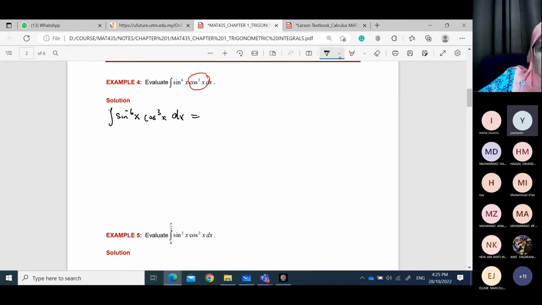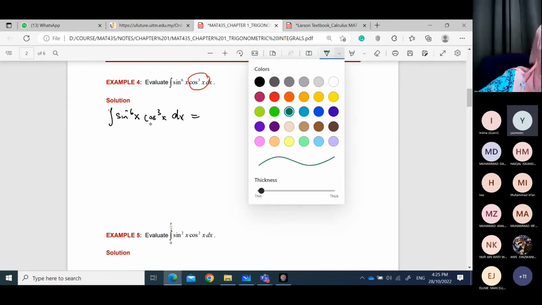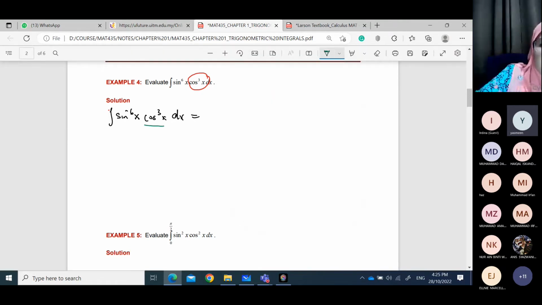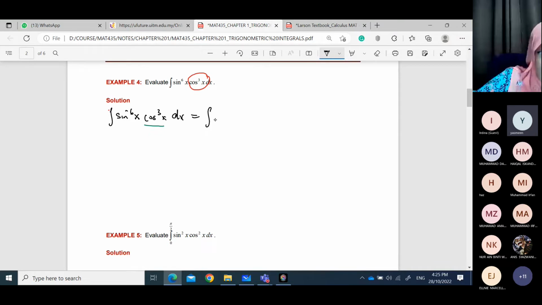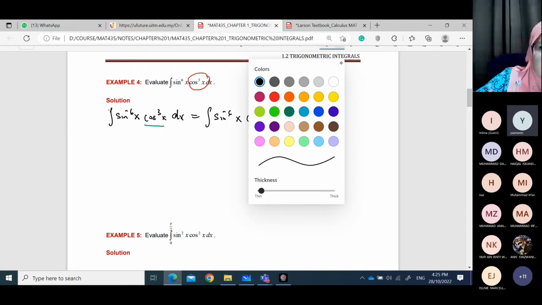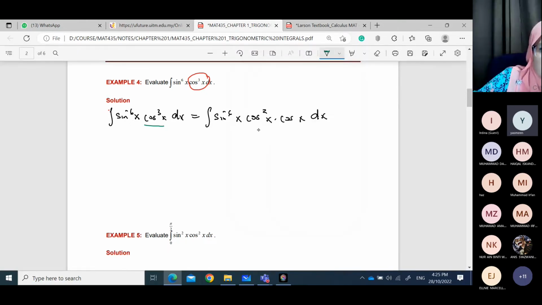It is equivalent with, so yang ini you kena faktorkan. Dan kita akan dapat integral of sine to the power of 6x cosine square x times cosine x dx. Okay, so ini kita dah faktorkan yang ini.